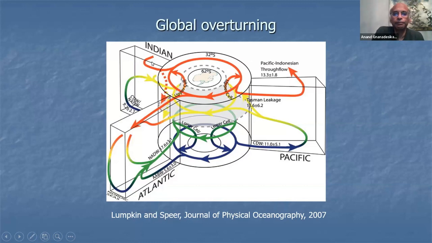But if we look at the Pacific and the Indian Ocean here, we don't see that formation of deep, dense water. Instead, we see that waters from the Antarctic flow into these basins, get warmed a little bit, but don't get transformed completely into surface waters, and then leak into the Atlantic through this Pacific Indian throughflow.